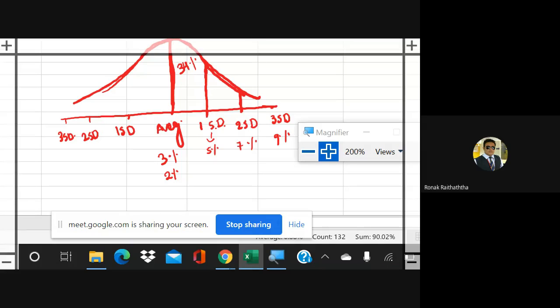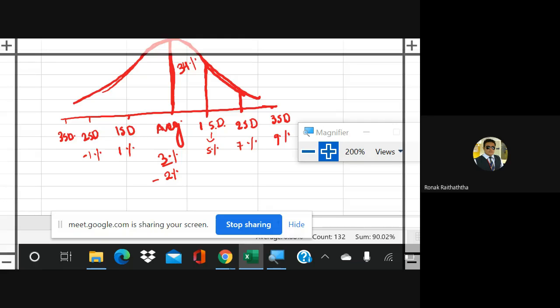Now on the negative side, you have to subtract the standard deviations from the average, right? If you reduce one standard deviation from 3, that reaches 1 percentage. If you again reduce 2 percentage from this 1 percentage, you get minus 1 percentage.